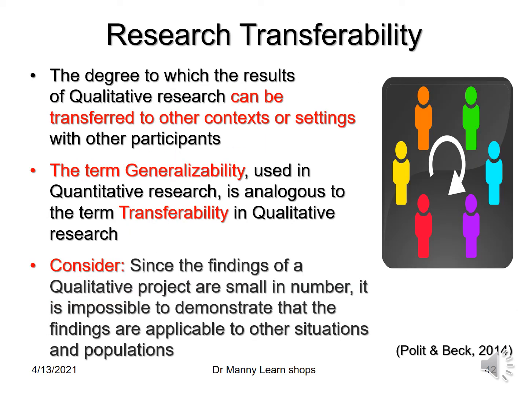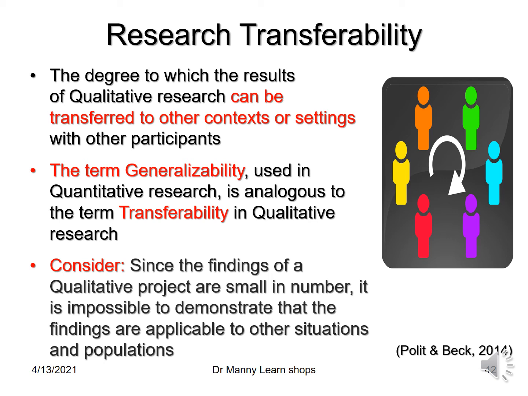Then you've got research transferability. And this is the degree to which the results in a qualitative study can be transferred to other contexts or settings with other participants. In quantitative research, the term is generally generalizability. However, this is analogous with the term transferability in qualitative research.